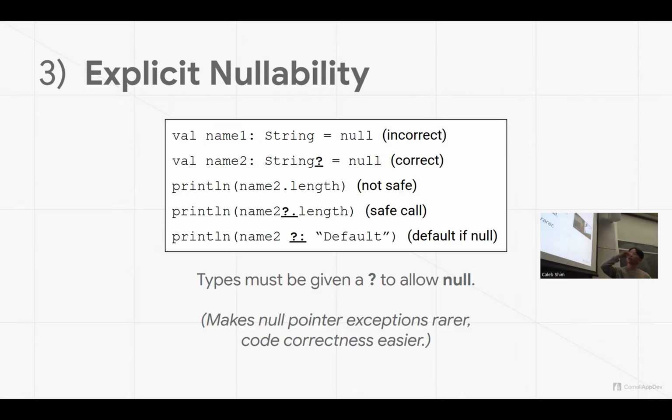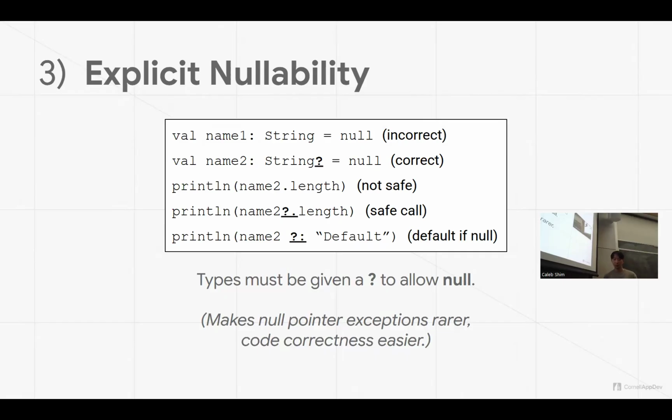So look at the first line, which says val name1 is String. We cannot assign null to that value because the type String is not nullable, meaning you cannot assign null. So if you really need to assign the value null, if that is a convenient value to have, then we make the type nullable, which we do by adding a question mark after the type. So String question mark is the nullable String type. In that case, we can assign it to null.